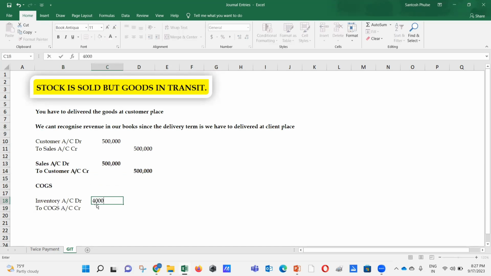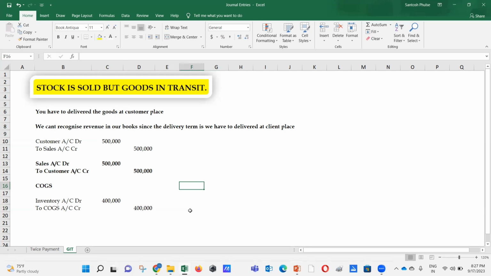If it's 4 lakh that you have booked as the cost, then you reverse that in your books. So that's the way you have to take the entry in the books from an R2R standpoint.